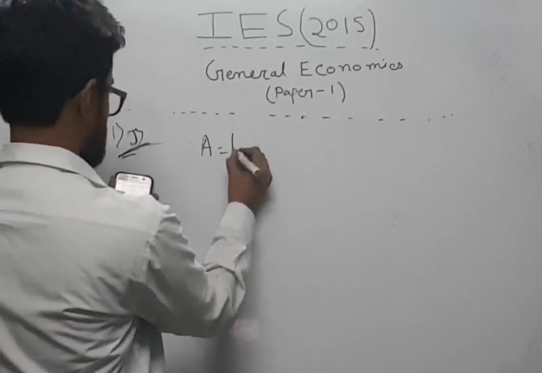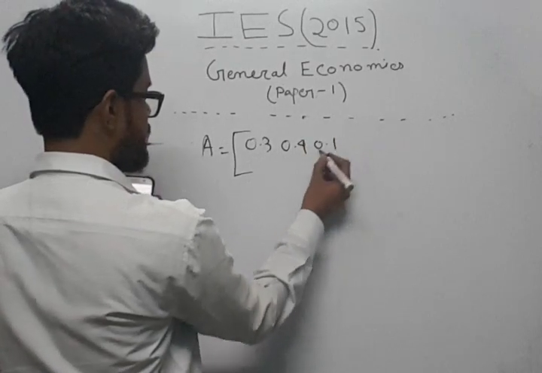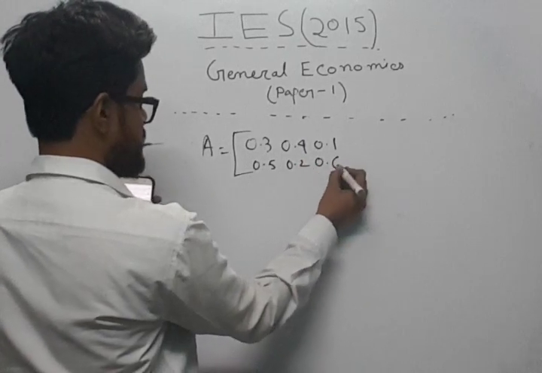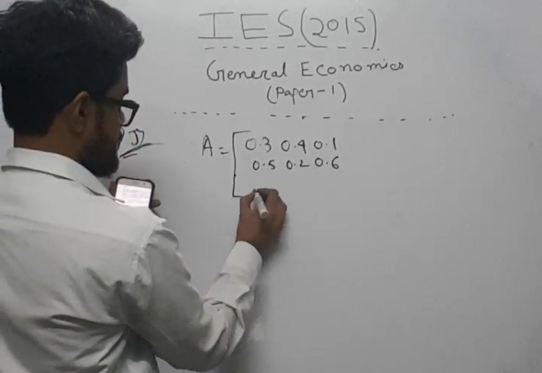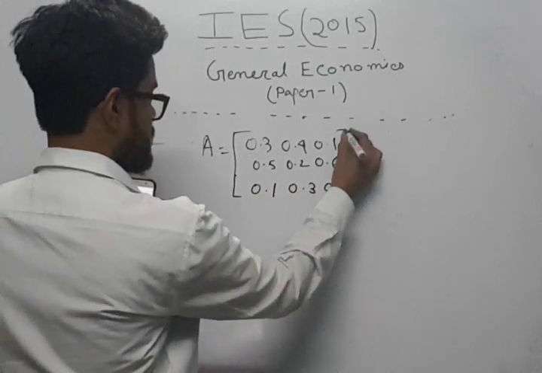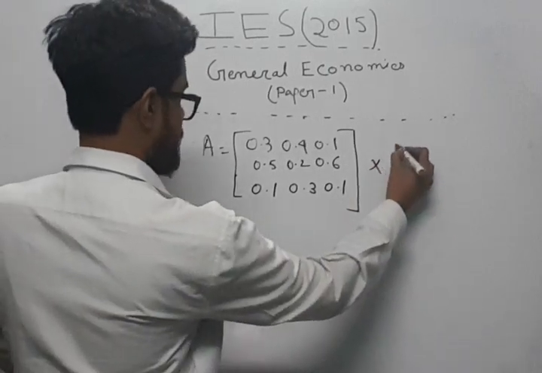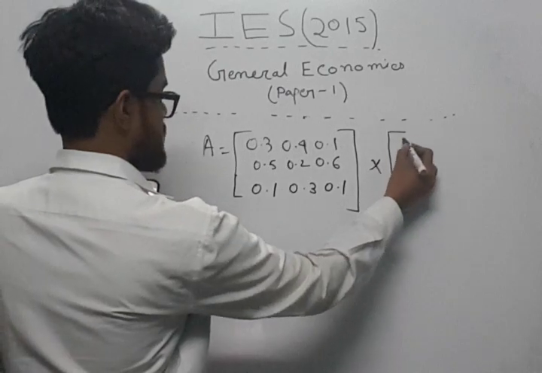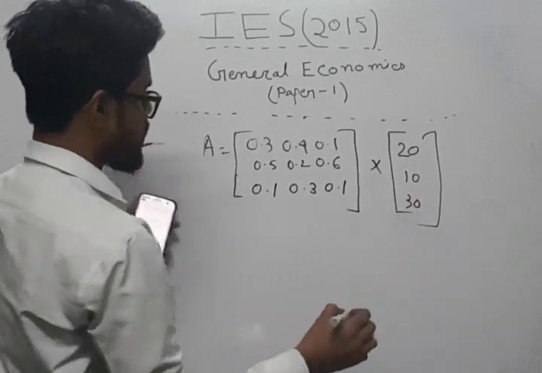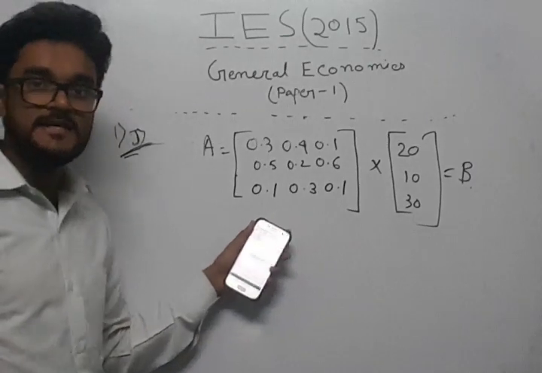A equals 0.3, 0.4, 0.1, 0.5, 0.2, 0.6, 0.1, 0.3, 0.1, and B is 20, 10, 30. This part is given in the question.